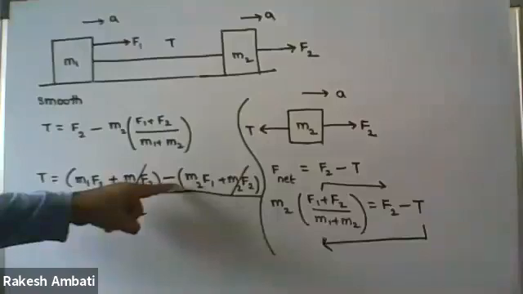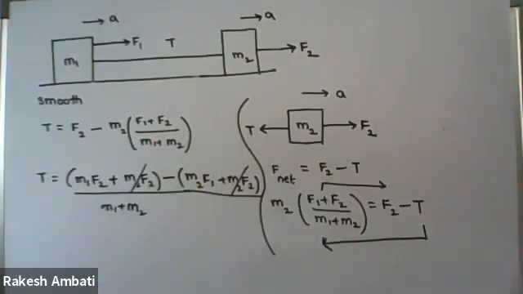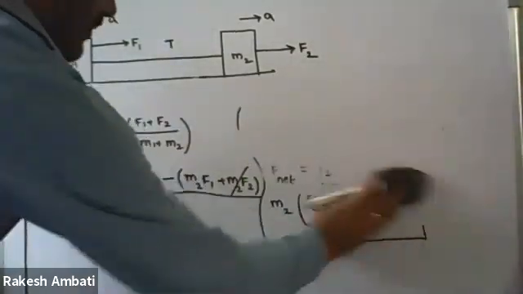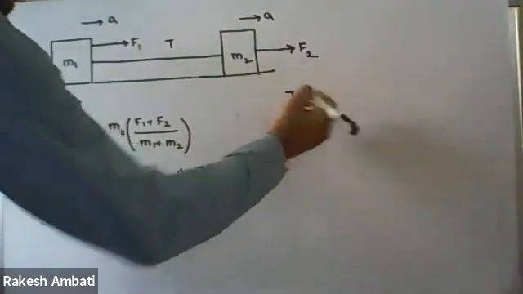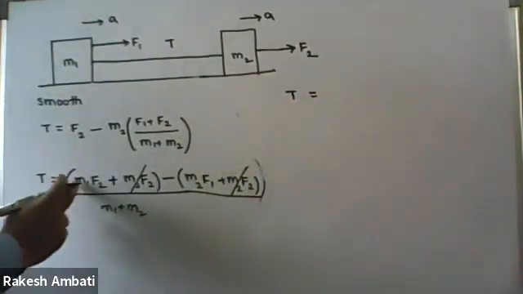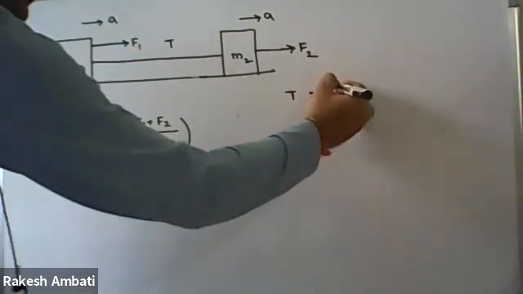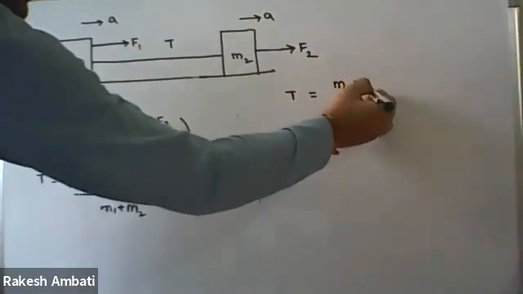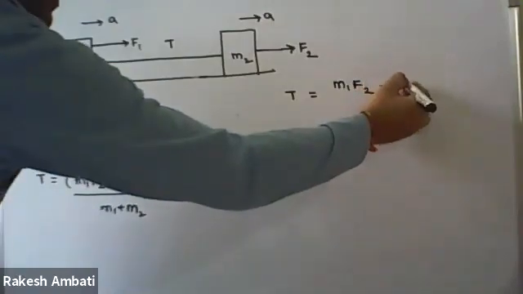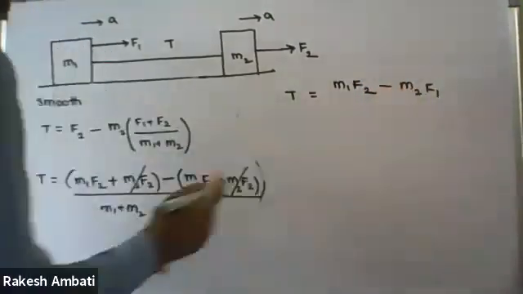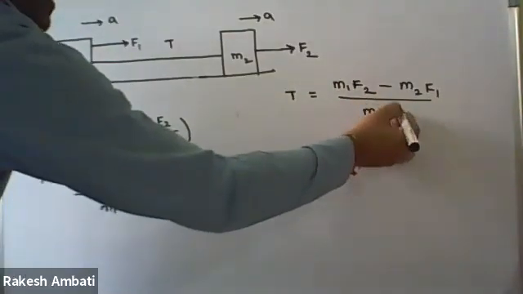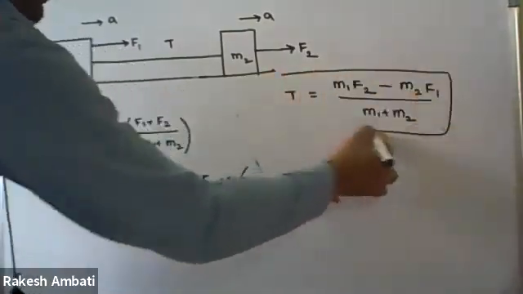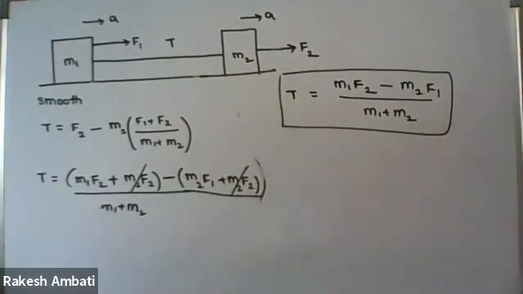After cancellation, the tension force T equals (M1 F2 minus M2 F1) upon (M1 plus M2). This is the formula to find the tension force in the string.